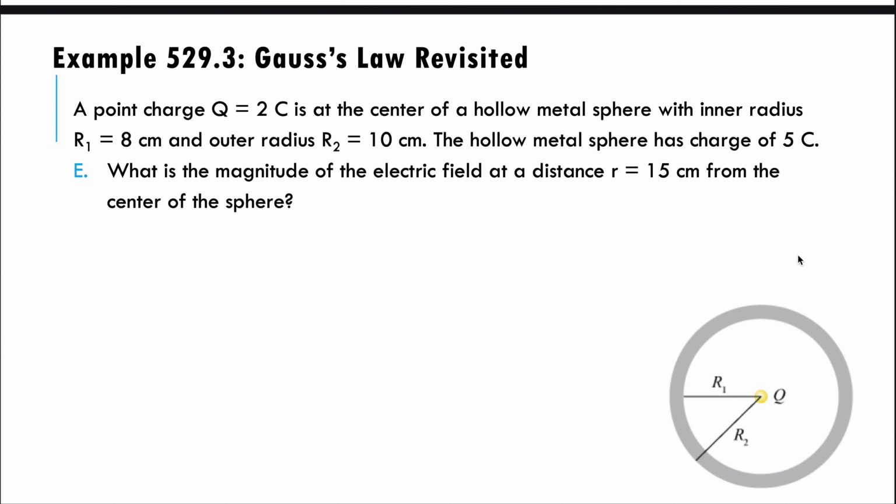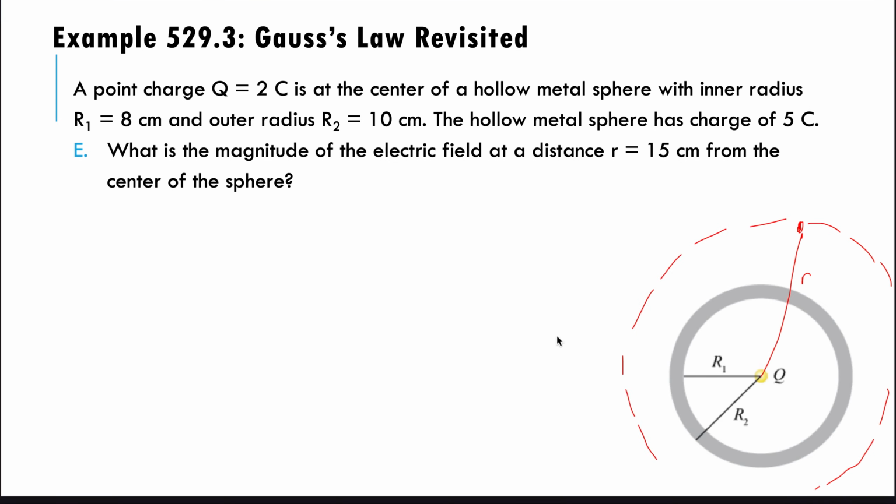So now we are well outside of the sphere. Our radius is 15 centimeters. We go ahead and draw our Gaussian surface. Big sphere here. And we set up Gauss's law.